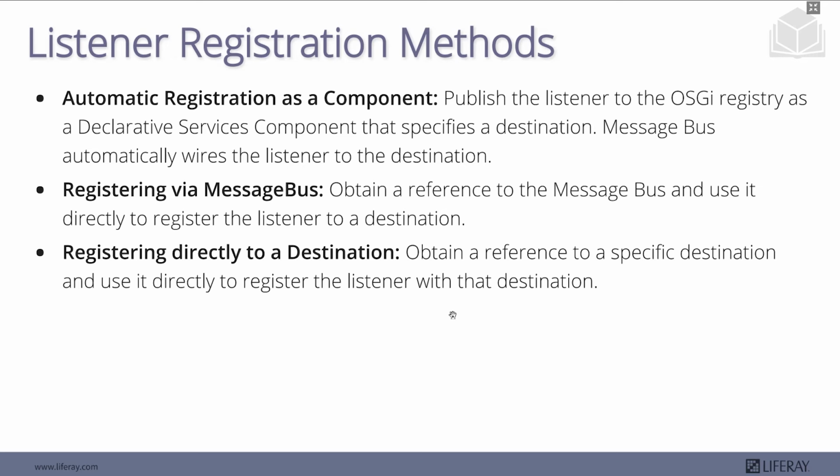We can do it through the message bus. We get a reference of the message bus object, and then through there we can register the listener, or we can do it through a destination, obtain the destination reference, and then set our listener there.